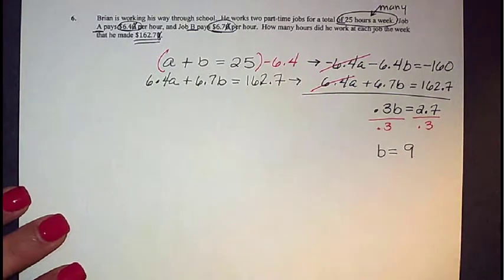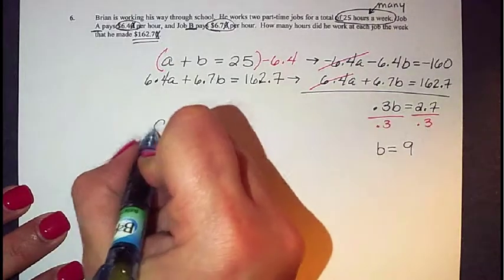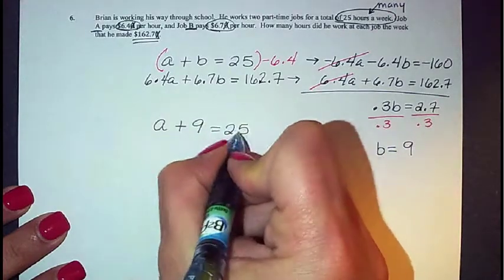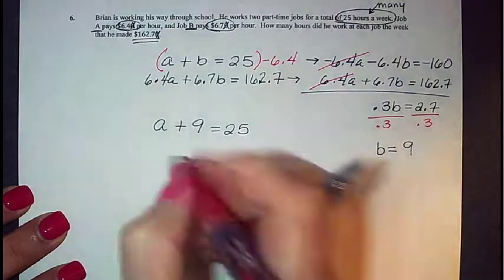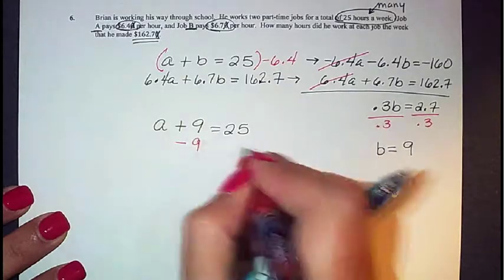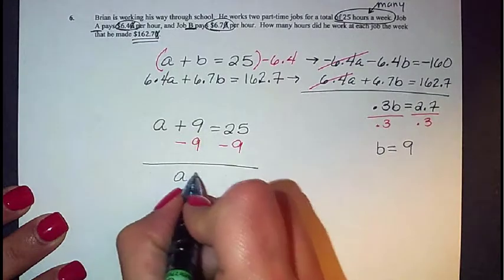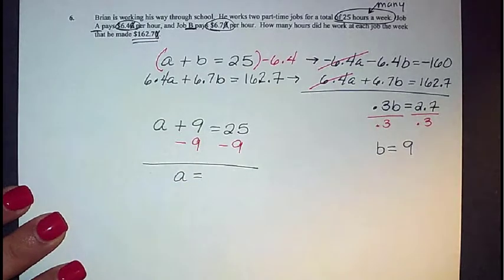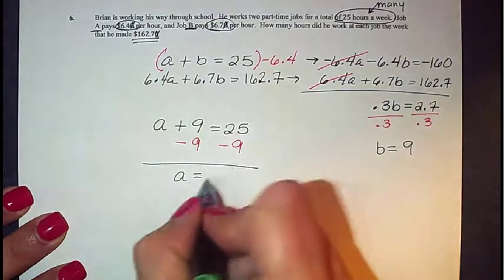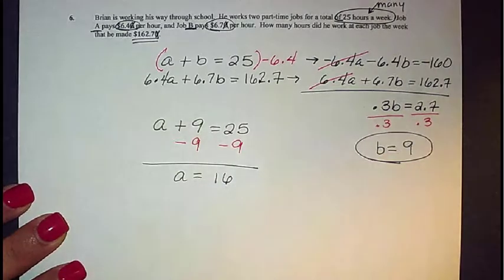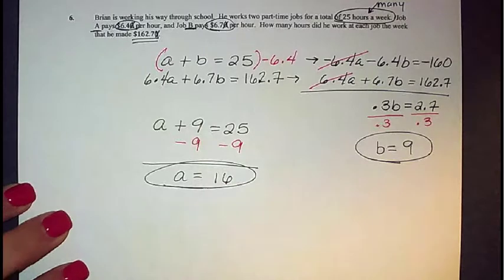So he worked 9 hours at job B. And we're going to plug it in and say A plus 9 equals 25, finding out how many hours he worked at job A. So we're going to subtract 9 from both sides. And we've got that A equals 25 minus 9, which is going to give us 16. So he worked 9 hours at job B. He worked 16 hours at job A.